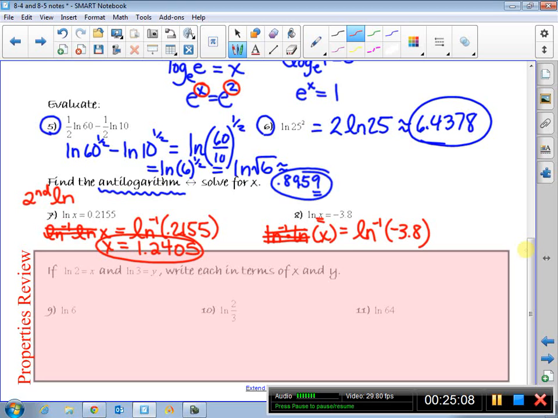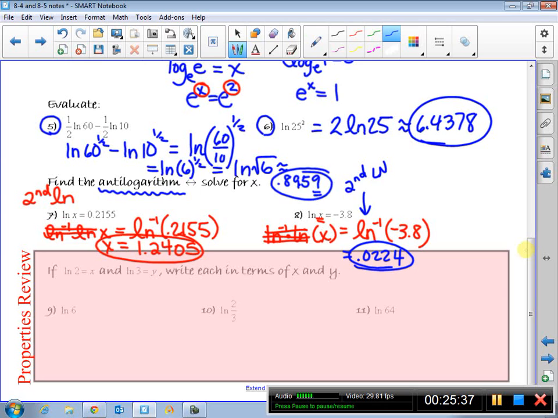So all you're going to press is second ln and put in negative 3.8. And I've got, let's go with blue, 0.02237, so 0.0224.